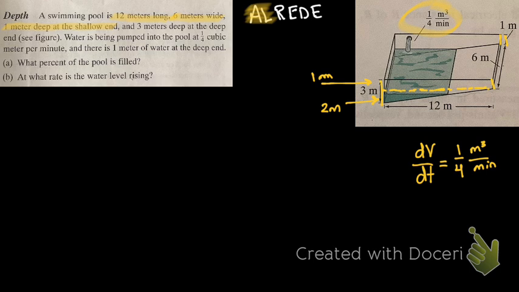And it says there is 1 meter of water in the deep end. Okay, so currently there's 1 meter of water in the deep end. There's not always 1 meter of water in the deep end, because the water level is going to rise. So what I want to understand is that right now, it's 1 meter of water in the deep end, but it's not going to stay that way.